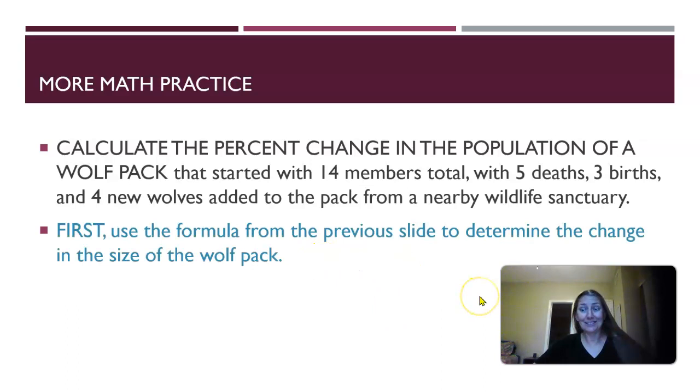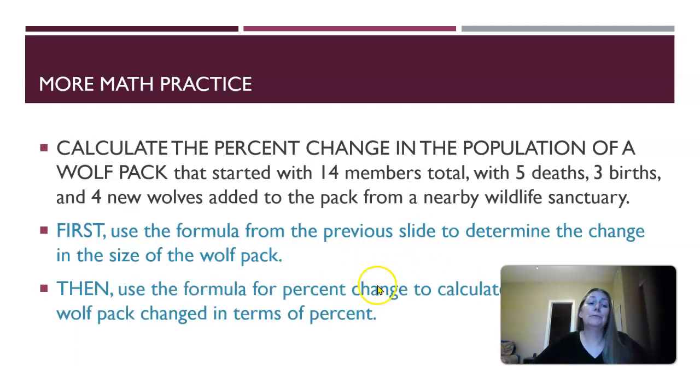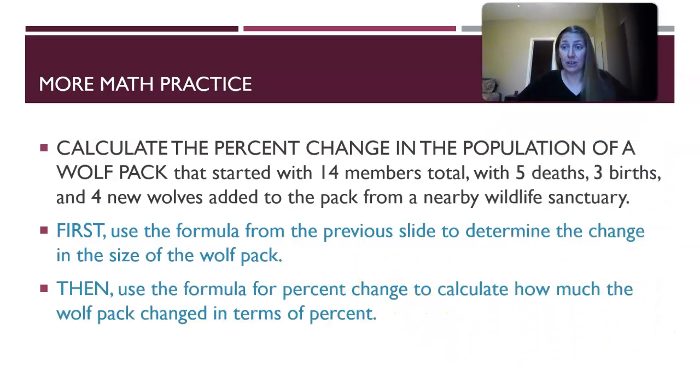So first, like it says, use the formula to determine the change in the size of the wolf pack. So we got to know what we are starting with. And then after you use that, you will use the formula for percent change to calculate how much the wolf pack changed. So press pause and calculate what you need to do, and then you can check yourself on the next slide after you press play again.